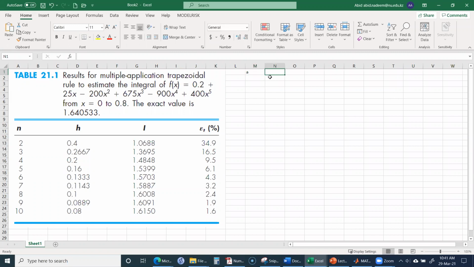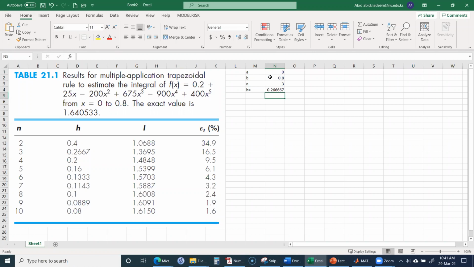A is 0, B is 0.8, and now we are taking n is equal to 3, okay? When n is equal to 3, then h will be equal to b minus a divided by n. So h will be equal to 0.2667.